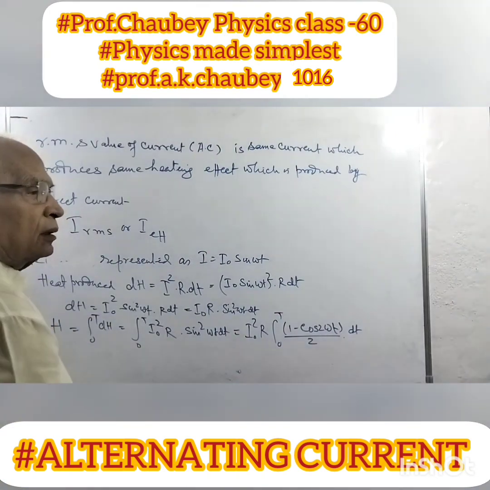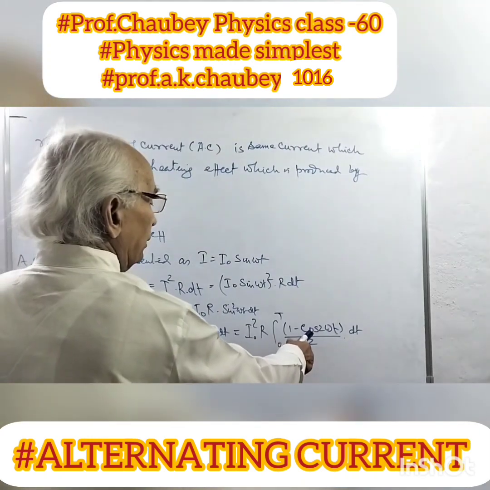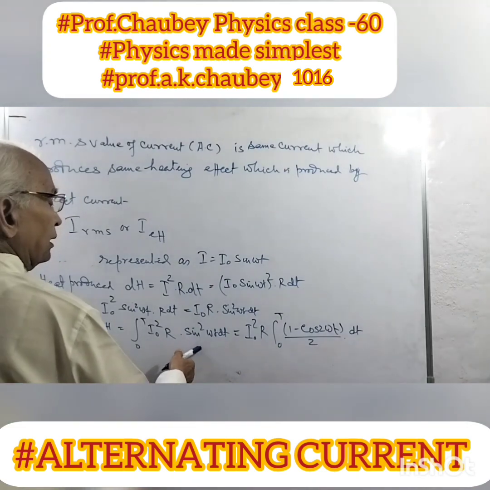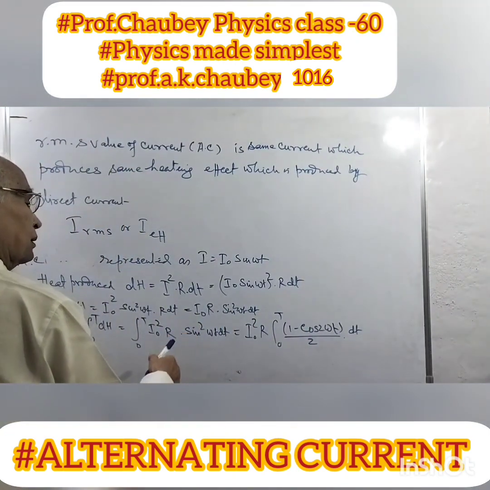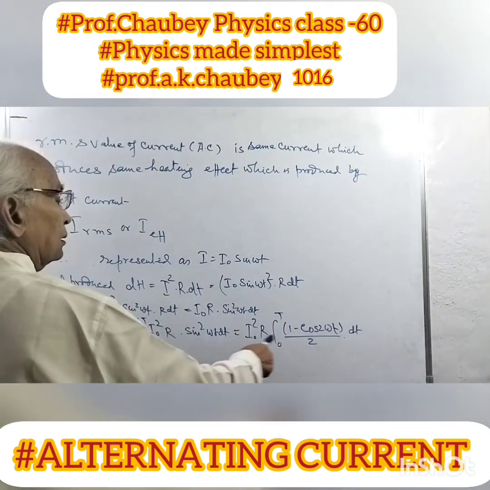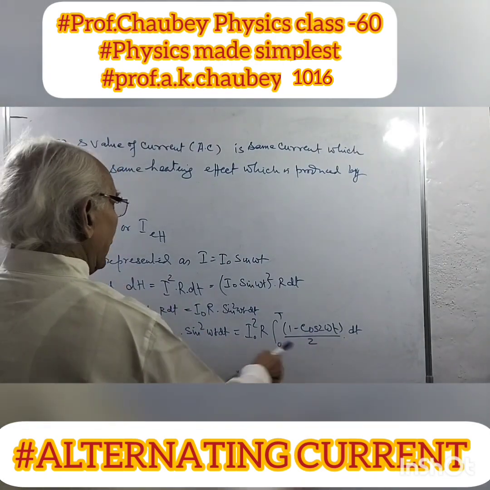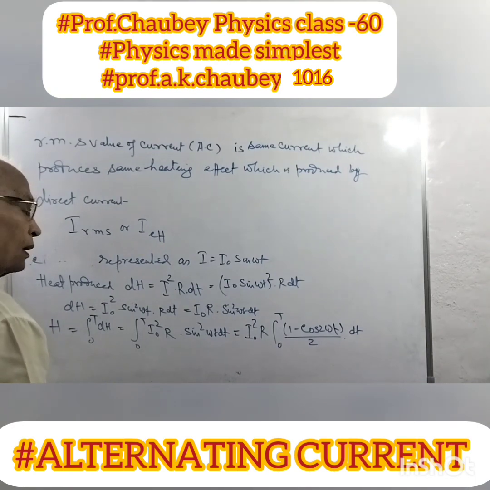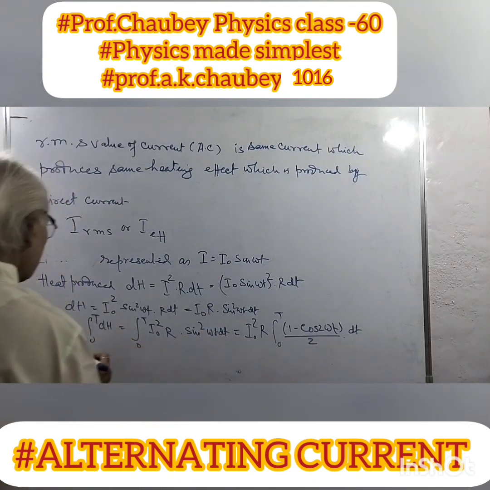Cos 2 omega t is cos square omega t minus sine square omega t. 1 minus sine square theta is cos square theta. Like that we replace sine square from cos 2 omega t: 1 minus cos 2 omega t upon 2 is sine square omega t, because twice sine square omega t is 1 minus cos 2 omega t. So you can use this trigonometry relation and then integrate this.